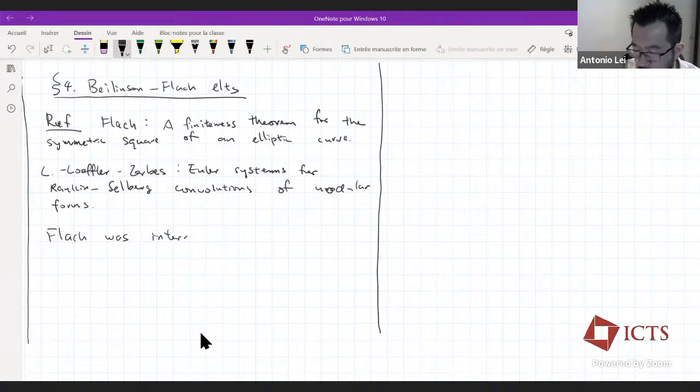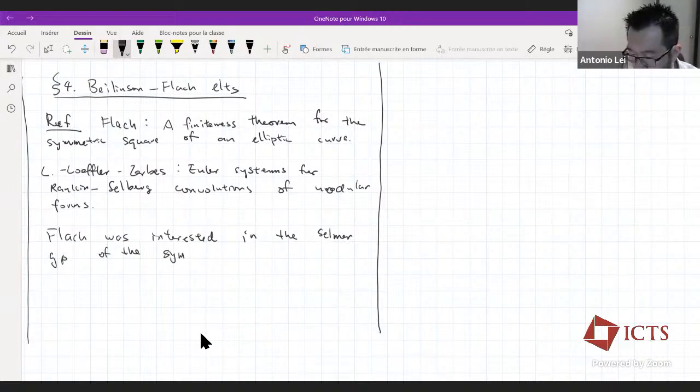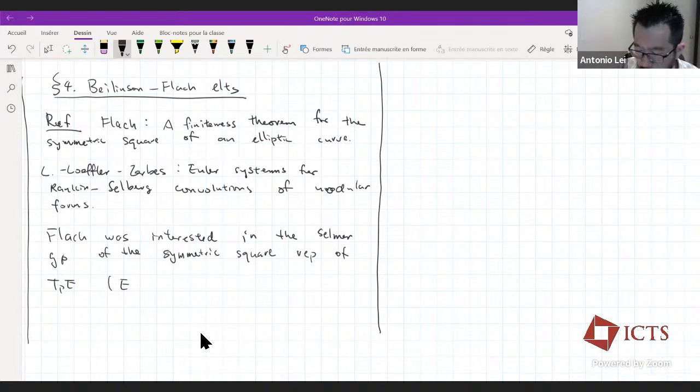If you look at this paper, he was interested in studying the Selmer group of the symmetric square representation of the Tate module of an elliptic curve E, with good reduction at p.